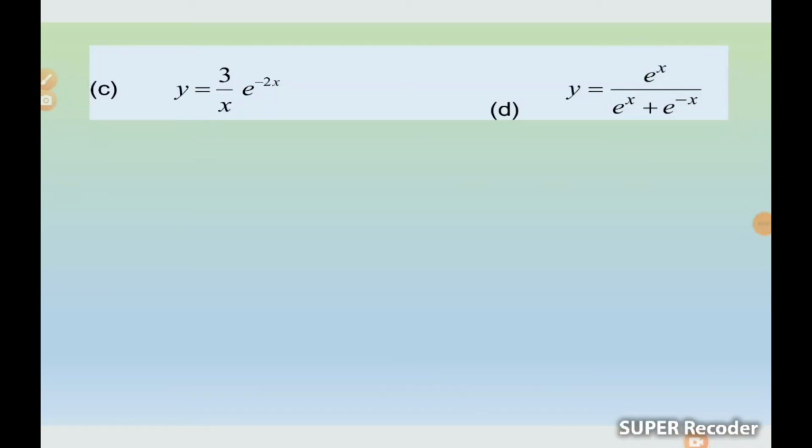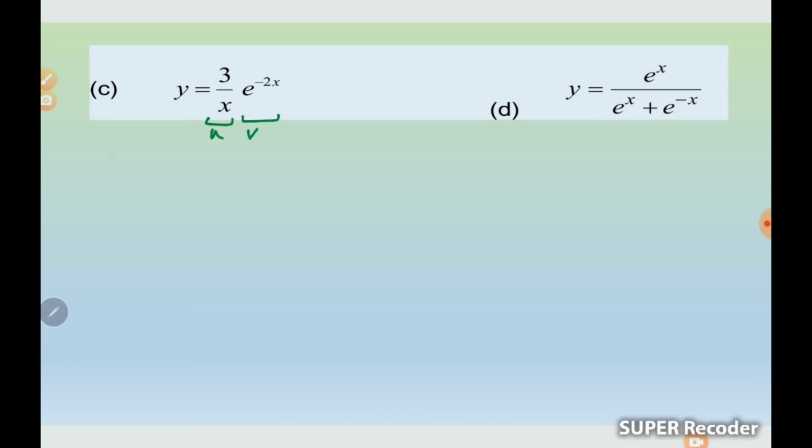Okay, we continue with example C. If given y equals 3 over x, multiplied with e to the power of negative 2x, you can solve this question by using the product rule. This is u and e to the power of negative 2x is v.